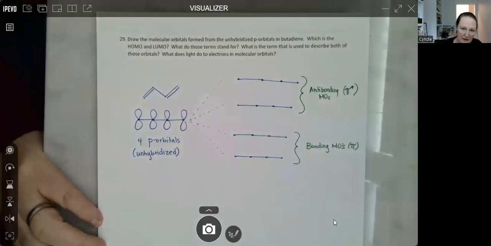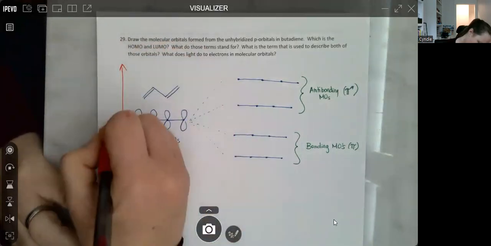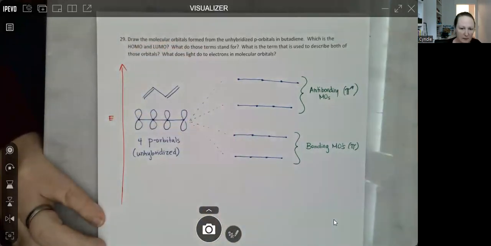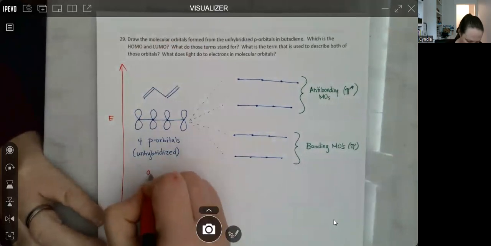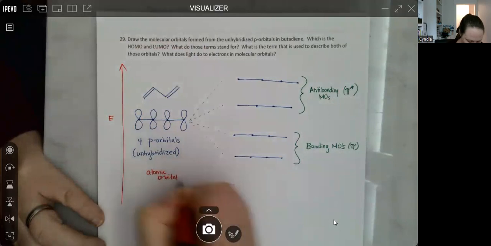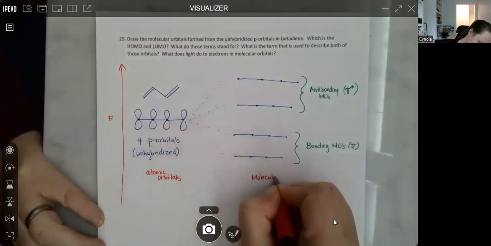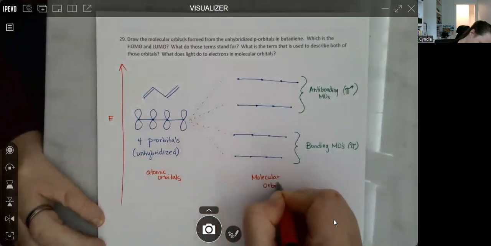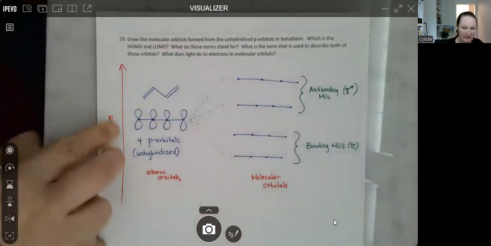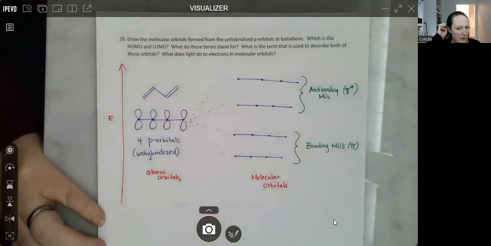So this is sort of an energy scale here. Okay, so these would represent our atomic orbitals forming the molecular orbitals. Anything that is lower in energy will be called bonding. Anything that's higher in energy than the original 4 atomic orbitals is anti-bonding.